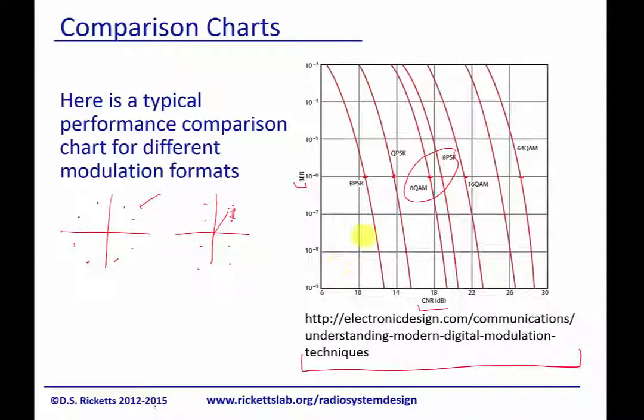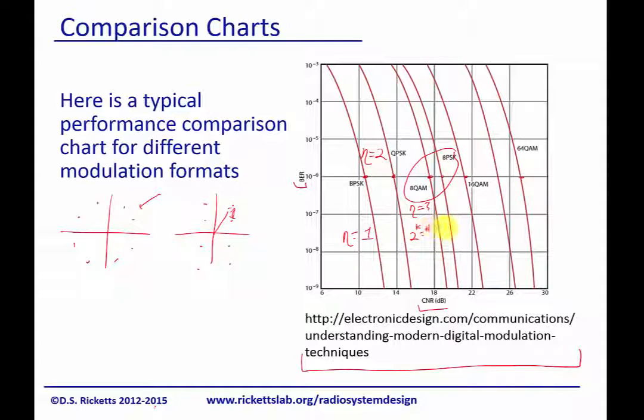And I'll just point out here, just to go over again, for BPSK, K is equal to 1, and so we get a spectral efficiency of 1. QPSK, we have 2 bits, and so the spectral efficiency is 2. Generally, I'll write that as eta, the spectral efficiency. And for 8 PSK, we've got eta equals 3. You can pretty much tell 2 to the K equals the total number of symbols.